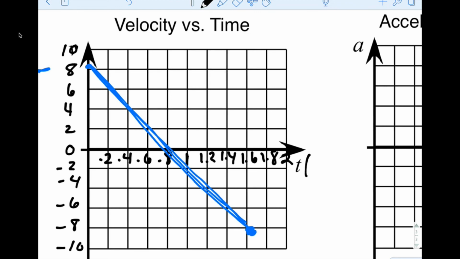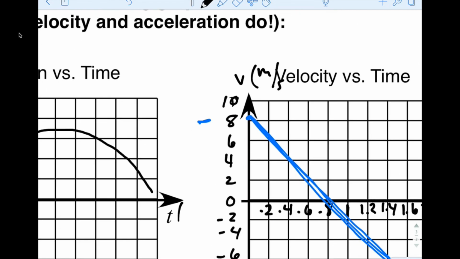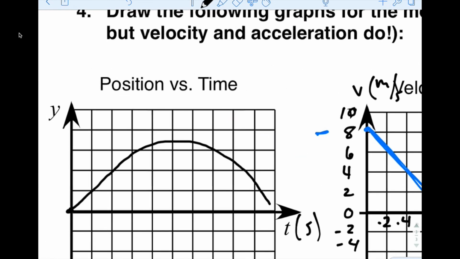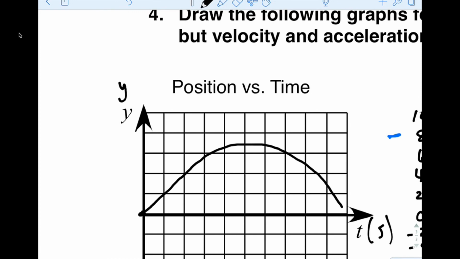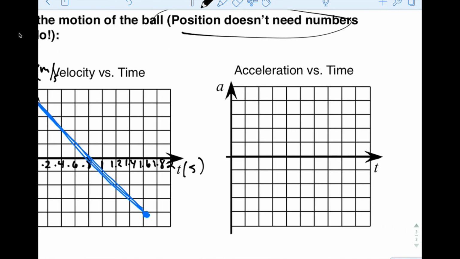Also let's notice that they didn't label this. So time was in seconds, and this was velocity in meters per second. Time was in seconds, and this was position in meters. All right, cool. Now, acceleration. Easiest graph you'll ever make, you guys.